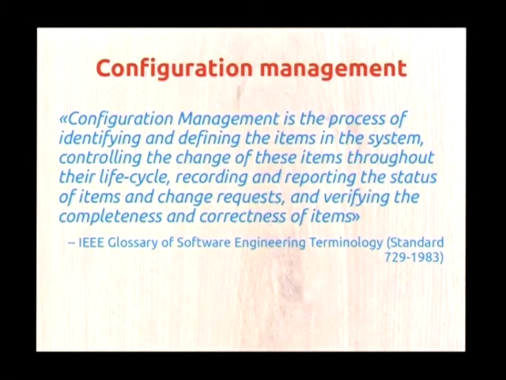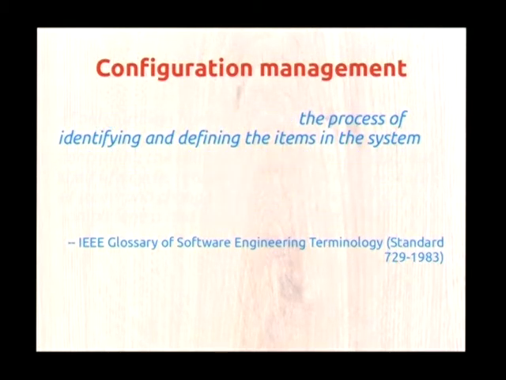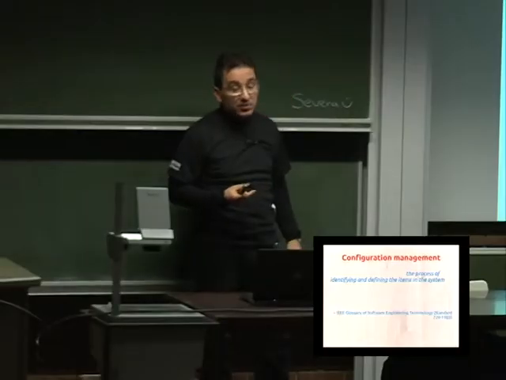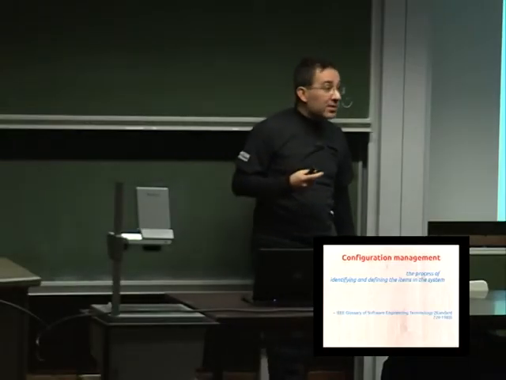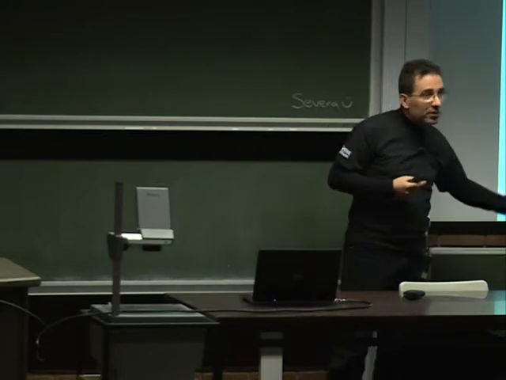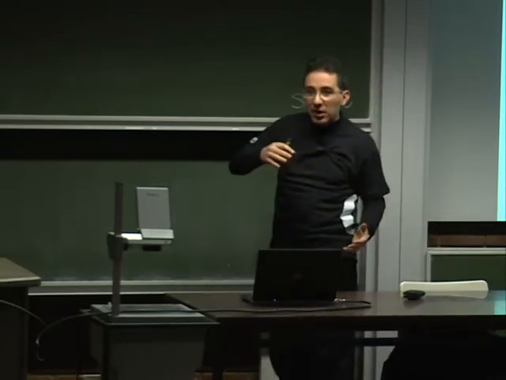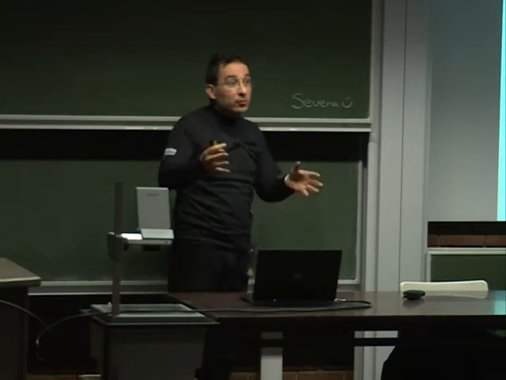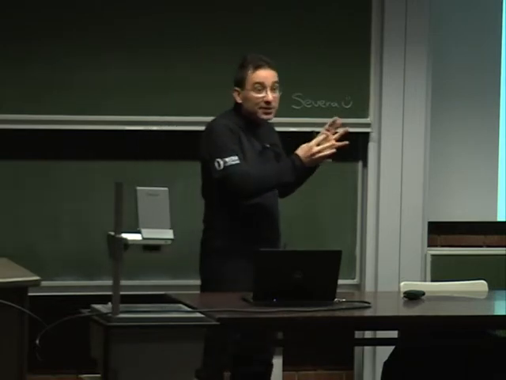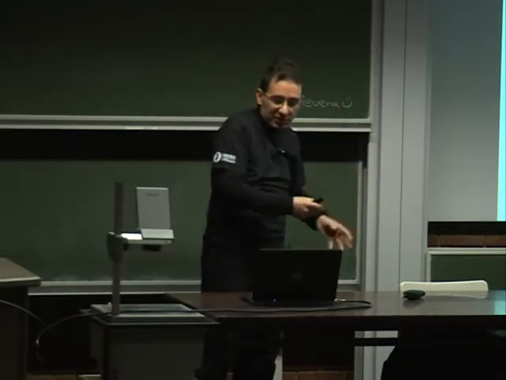So for my part, I will concentrate only on this first part, the process of identifying and defining the items in the system. It's not an accident that this part comes first, because doing anything that comes after that part would be impossible if we didn't identify the systems first.